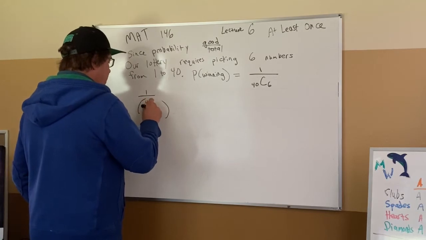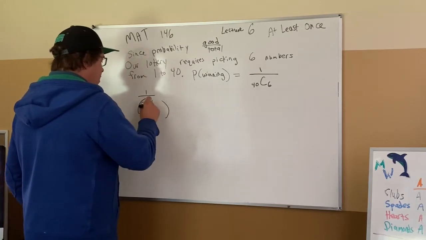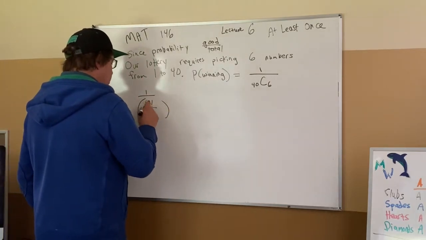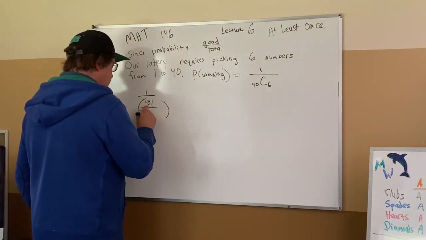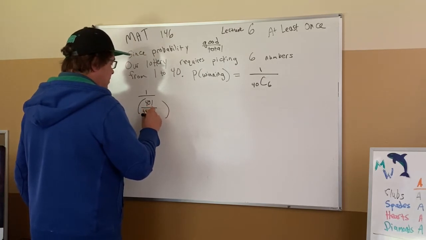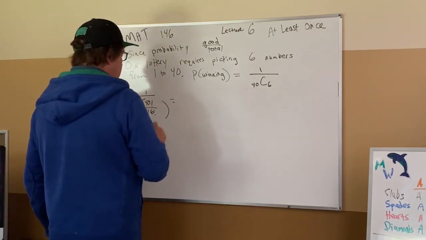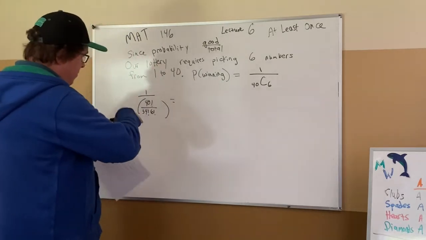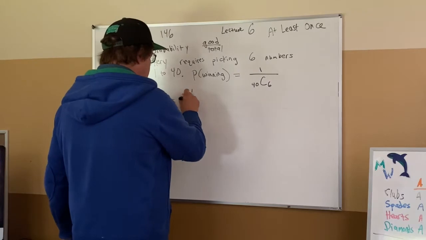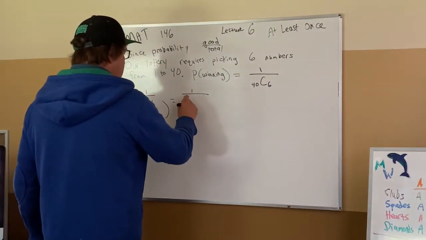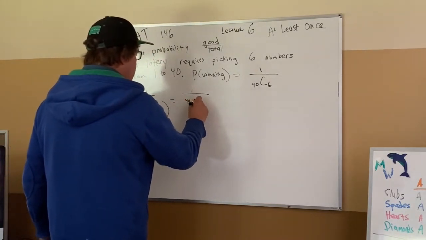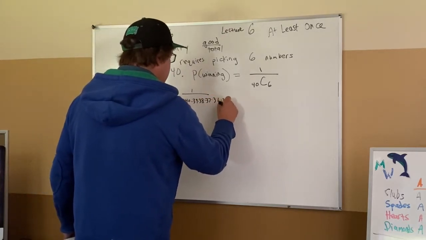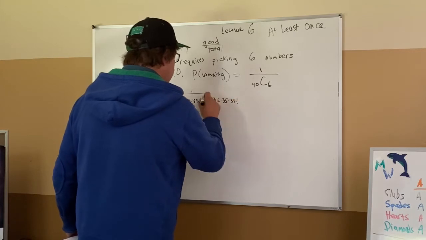We have our 40 factorial over, now it is a combination, so besides taking off 40 minus 6 for 34 factorial, we also have the 6 factorial. Why don't we invert it? Well, let's just keep it the way it is. 1 over, keep it the way we're working on it, and we'll go 40, 39, 38, 37, 36, 35, and then 34 factorial.